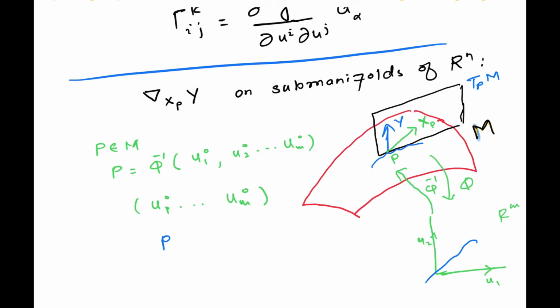So phi inverse of p(t naught) will give me this point P over here in this manifold.